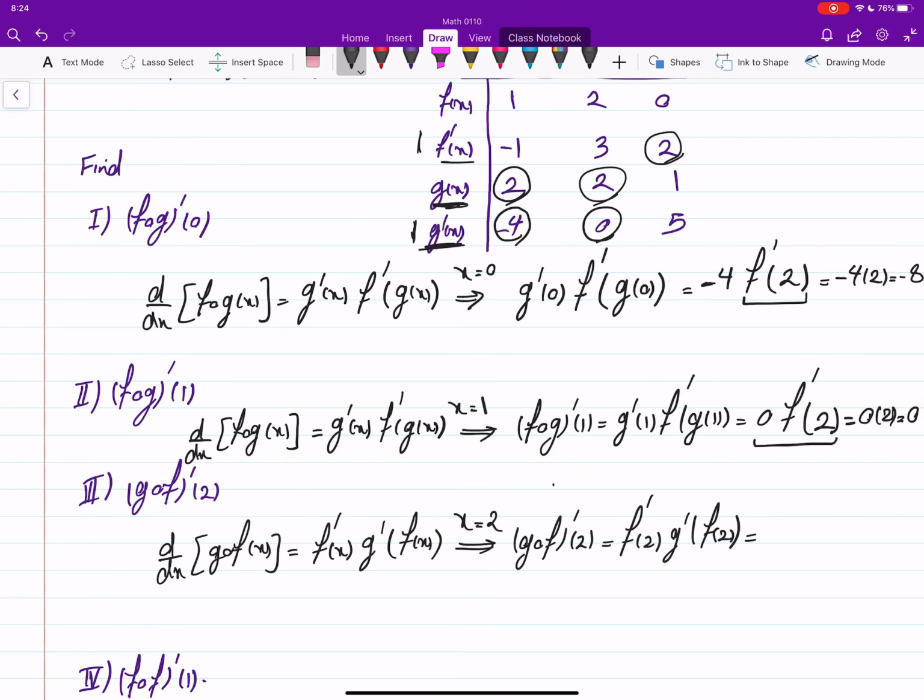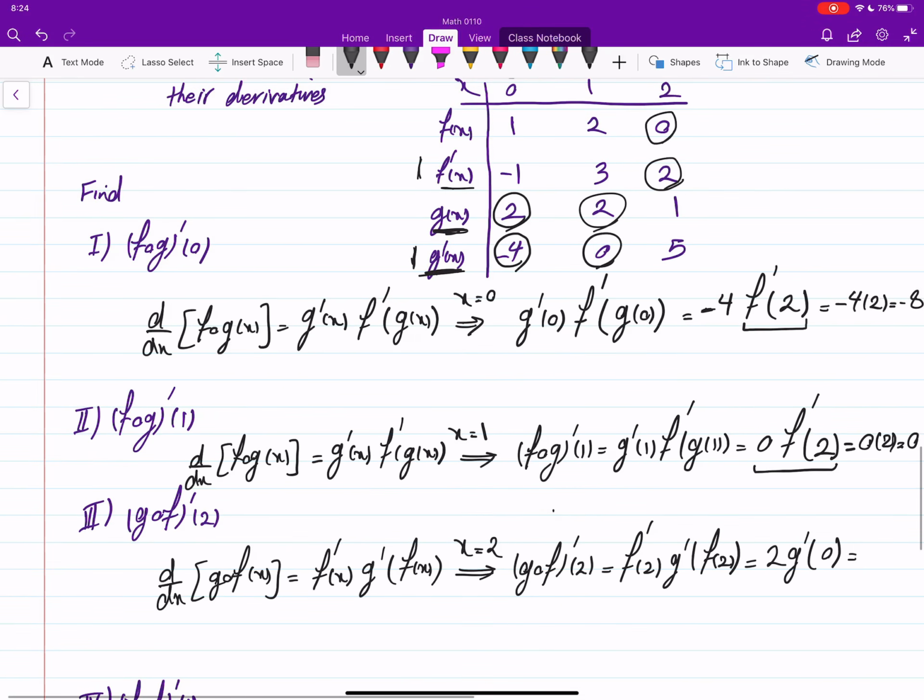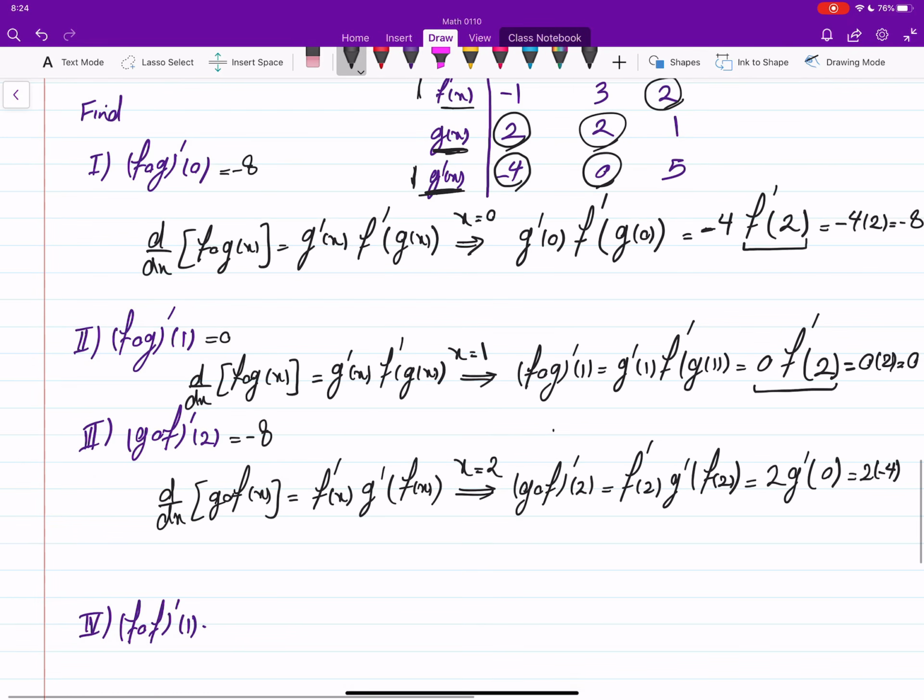F prime at 2 is 2, and f at 2 here is 0. That gives us 2 times g prime at 0. G prime at 0 is negative 4. That gives us the number negative 8. This one was 0. This one was also negative 8.